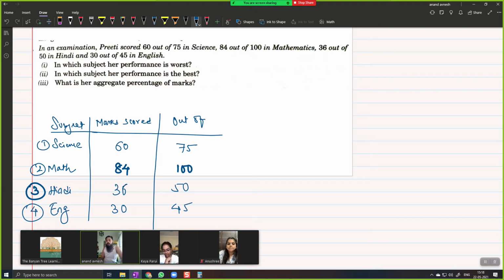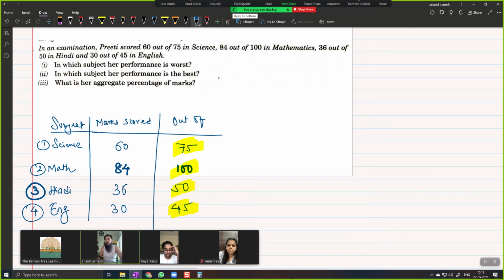Okay, so these are the marks scored by Preeti. In which subject her performance is worst? In which subject her performance is best? And what is her aggregate percentage of marks? Now, because every subject has a different total, how can we say what is her best and what is her worst performance?